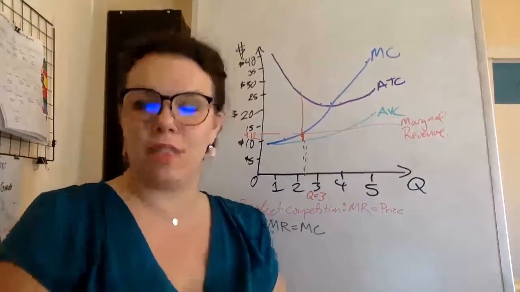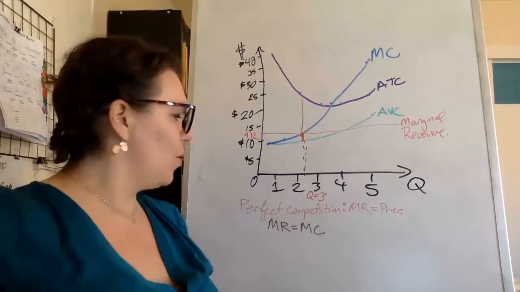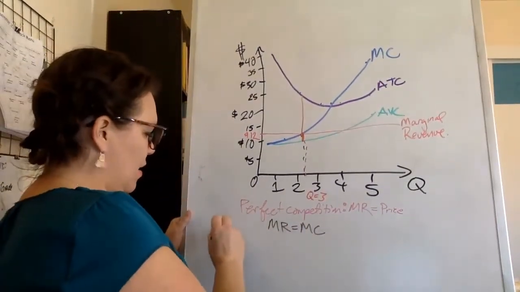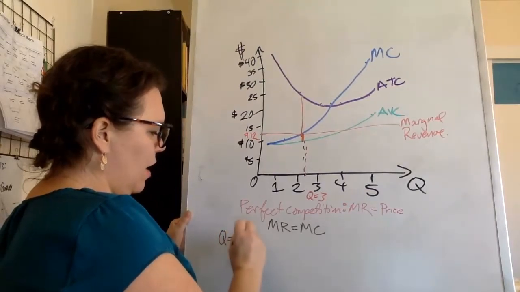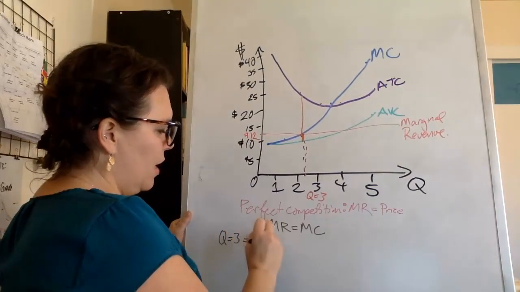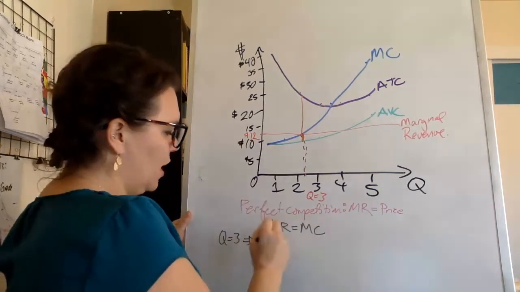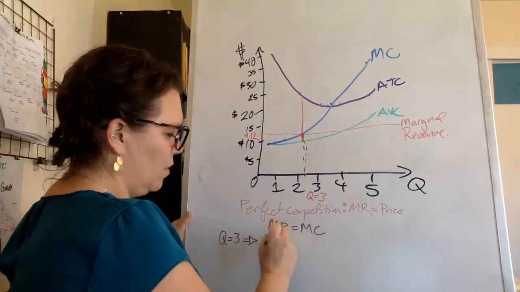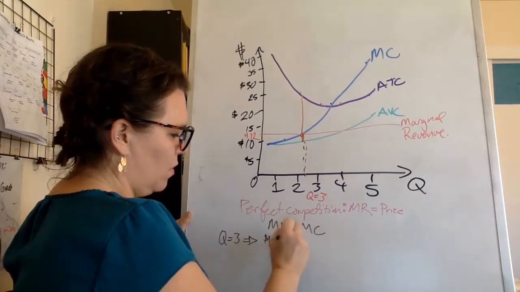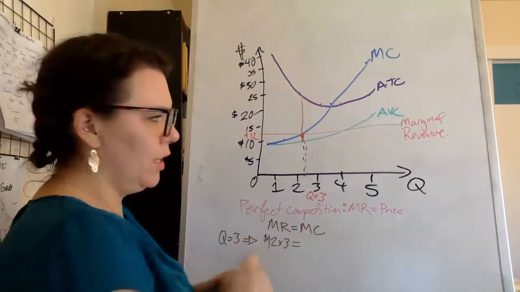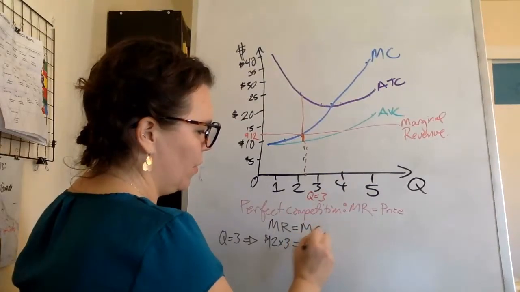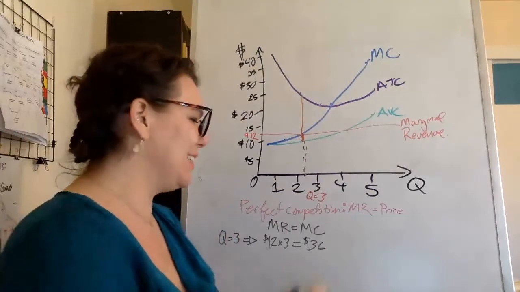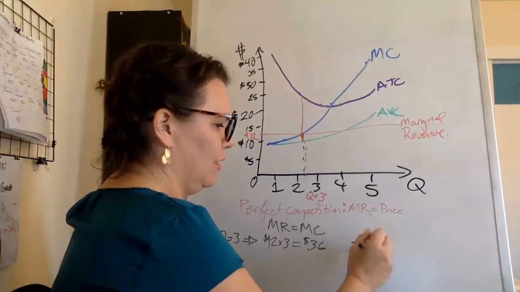So that means if we were to work it out all together, at a quantity of 3, they are selling 3 times $12, which would be $36 in revenue, but their total cost is $60.